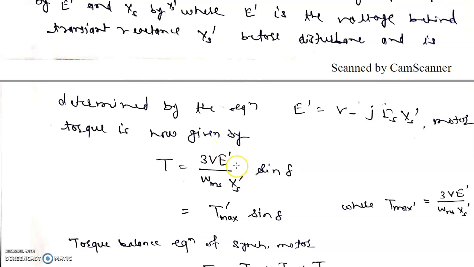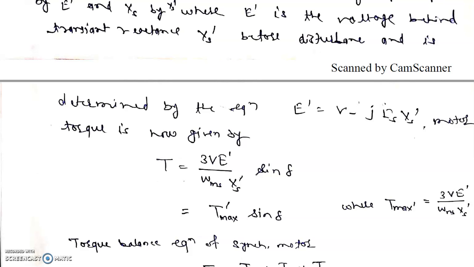This T max dash represents the maximum torque in the dynamic conditions.